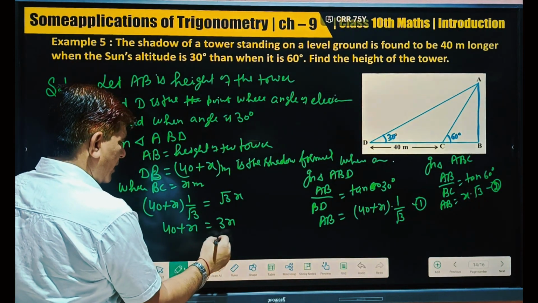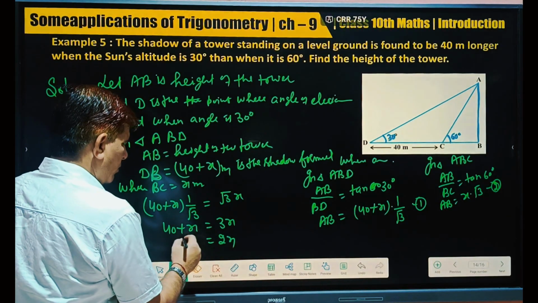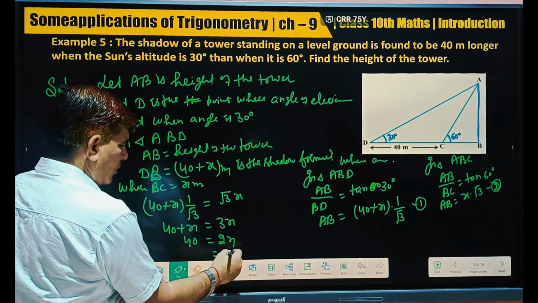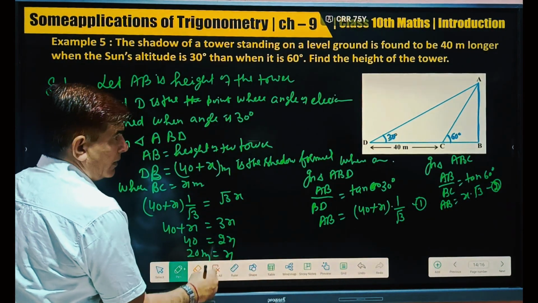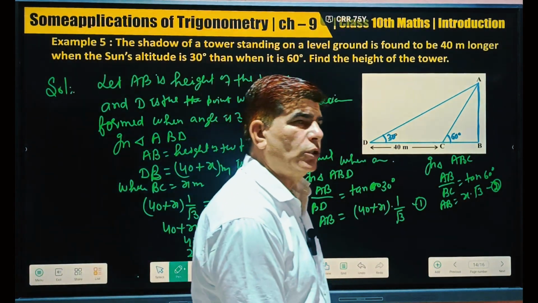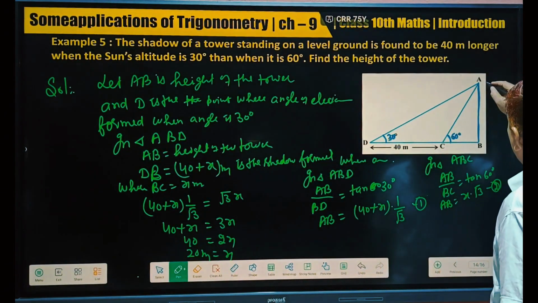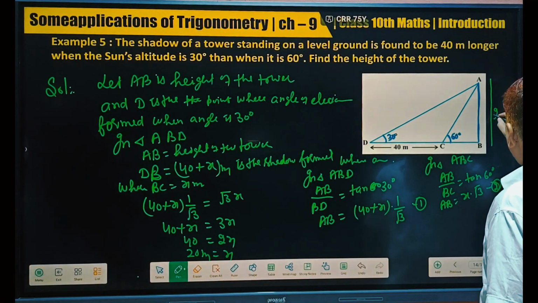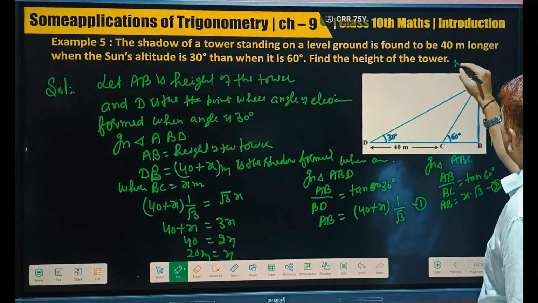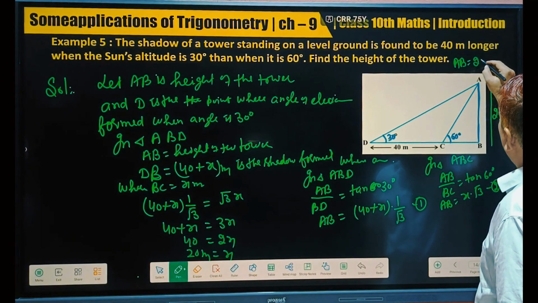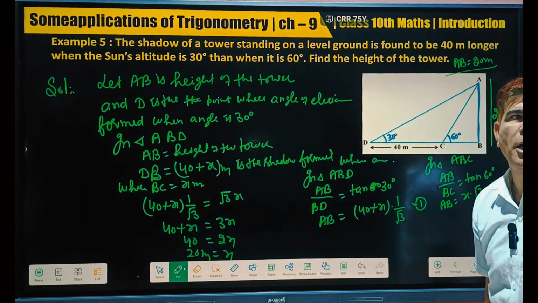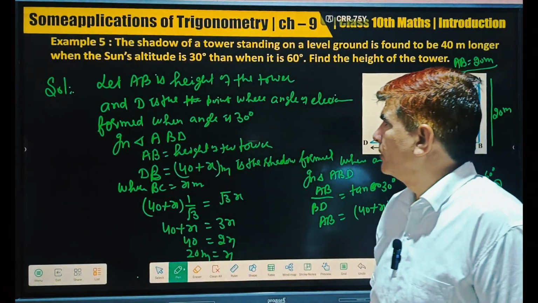Transferring x to that side, 2x is equal to 40, so x is 20 meters. So the height of the tower, AB, is 20 meters.